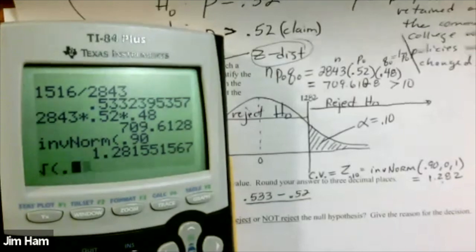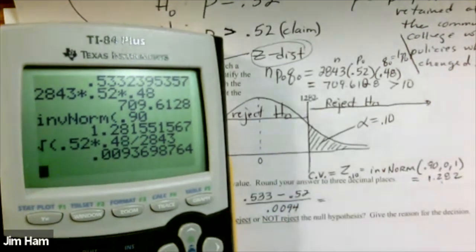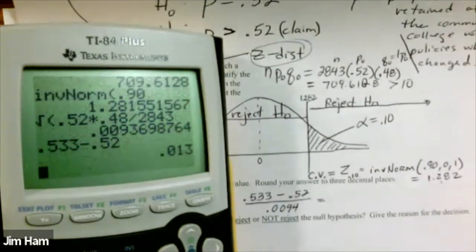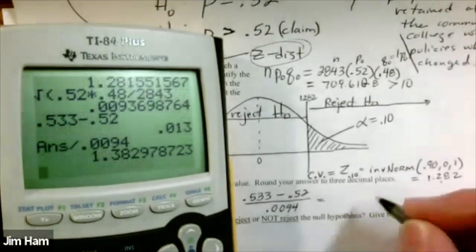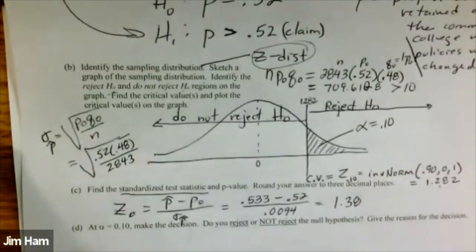I'll evaluate it here. I'll call it 0.0094. All right, then I'm going to evaluate this, 0.533 minus 0.52 divided by 0.0094, and we get 1.38.